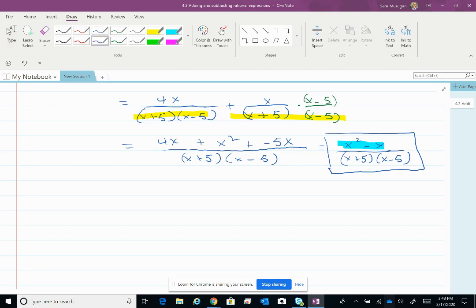Now, one final example. So I've got, keep using a star instead of writing example.